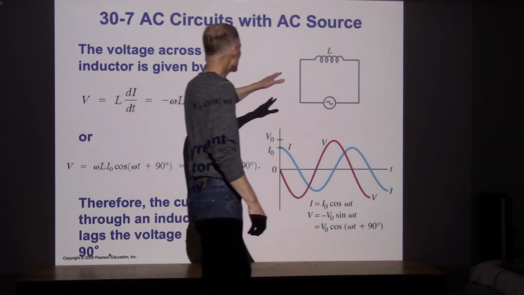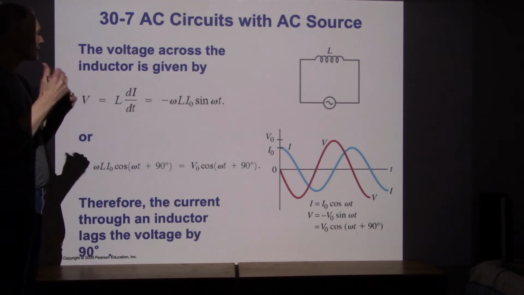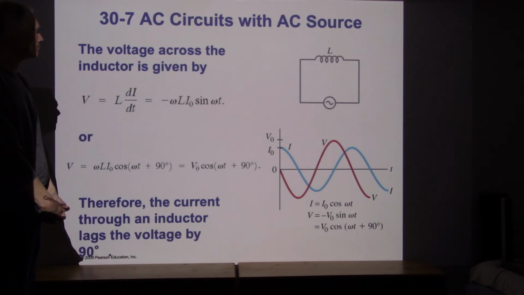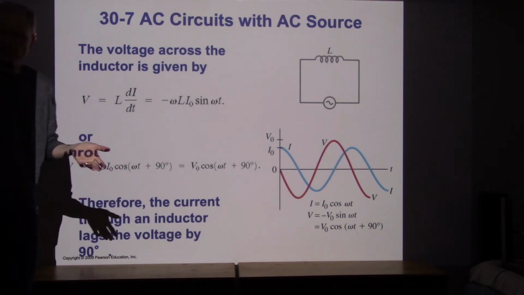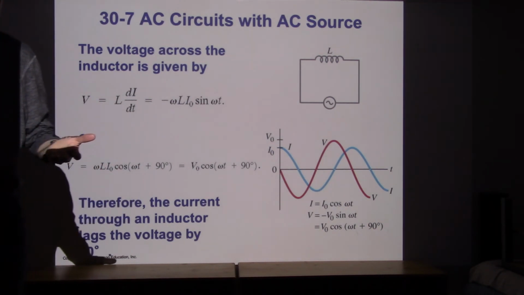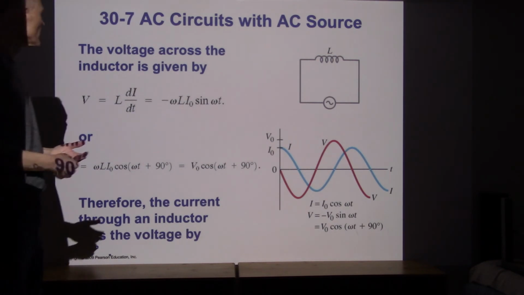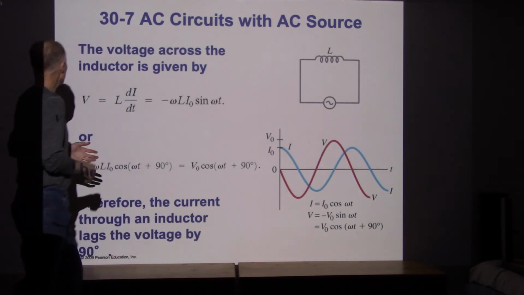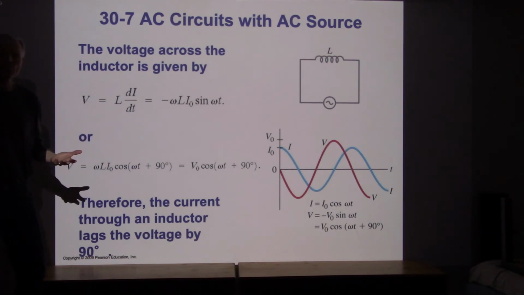Where we kind of ended last class, we started looking at the inductor, and the inductor actually introduces a little complexity to this. The reason is that the voltage drop across the inductor is not proportional to the current.